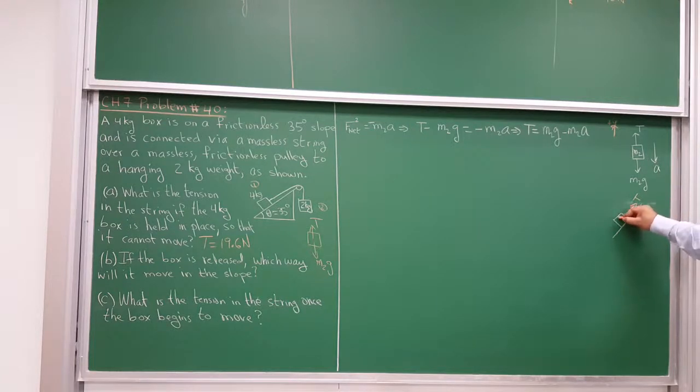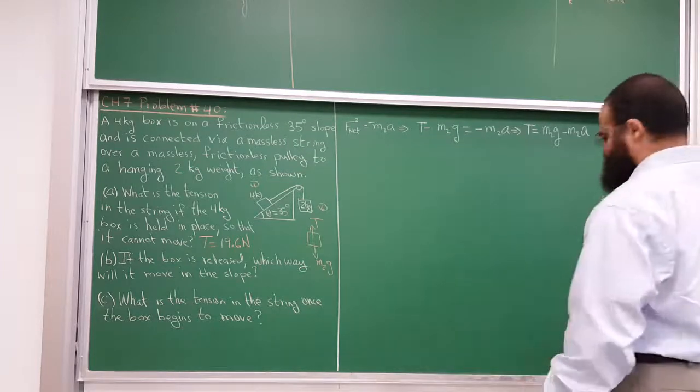There is a normal force because it's in contact with the plane. There is gravity because it's on Earth, so you get M1g. There is no friction, so that part is fine. And I ask, is there anything else? The answer is no. And so that's it.